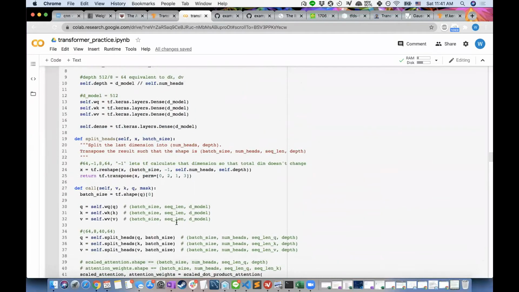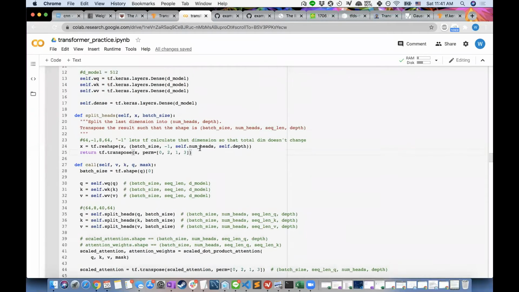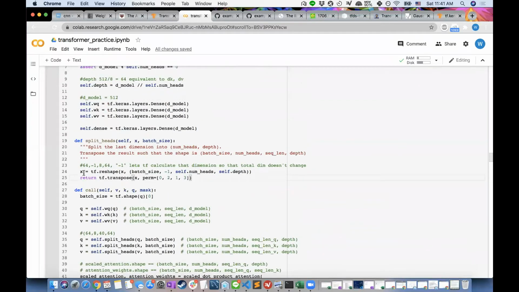Okay, so split heads, and this is what we have been discussing, like how does it actually get split? In the end, it's just a reshape, right?